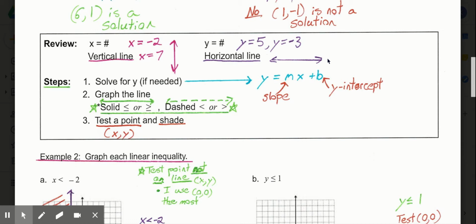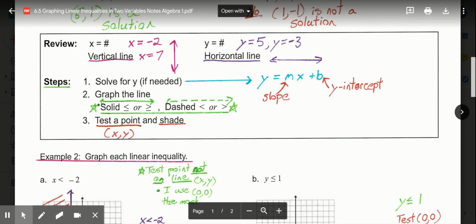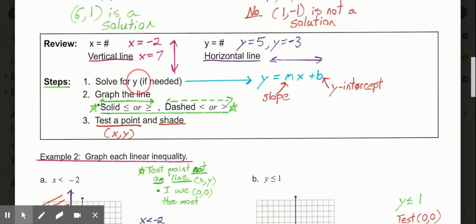We also want to keep in mind our steps for graphing inequalities. The first thing we want to do, if it's not the scenario of x equals a number or y equals a number, is always rearrange the equation to solve for y.